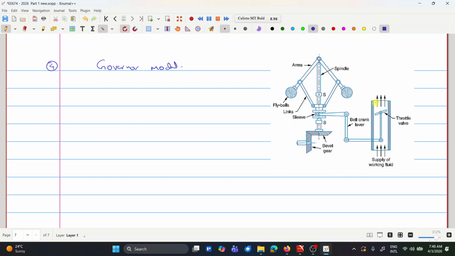If you look at this system, when PE is greater than PM, that is, the electrical demand is greater than the mechanical power input, then PM minus PE is the supply of the kinetic energy stored in the rotating system.